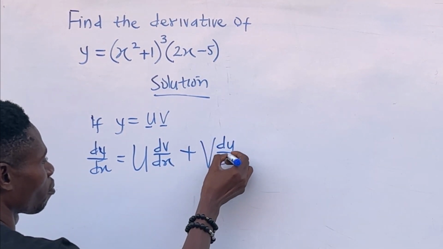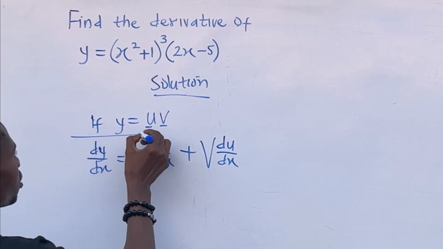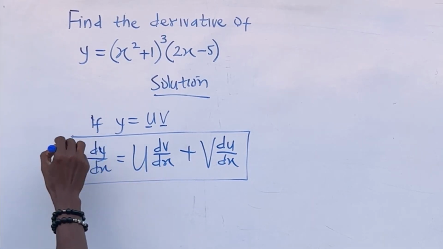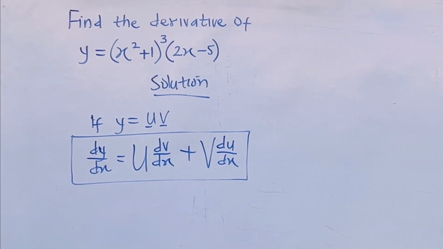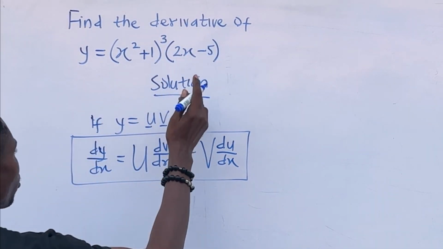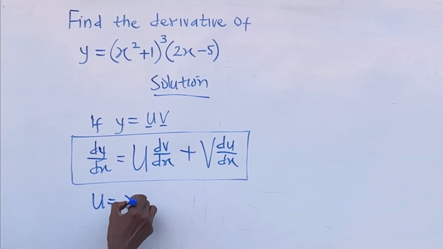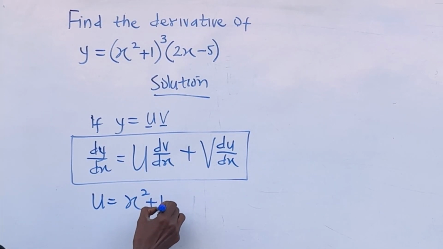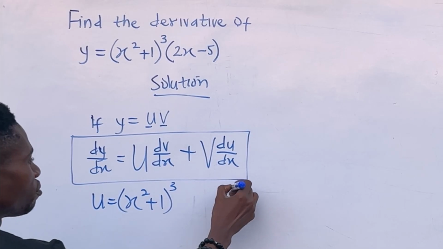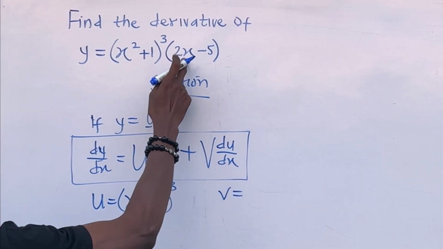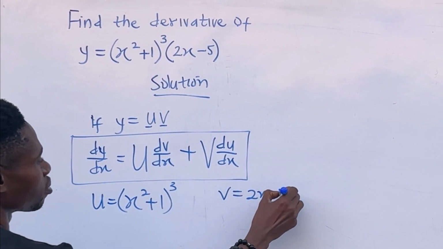This is what is generally referred to as the product rule for differentiation. So we have a product, first and second. In this case, our u is (x squared plus 1) raised to the power 3, and our v is 2x minus 5.